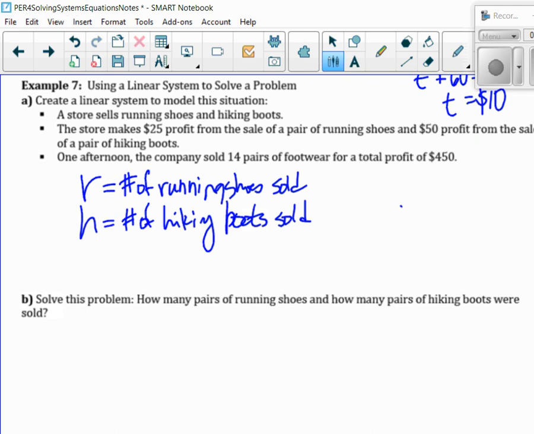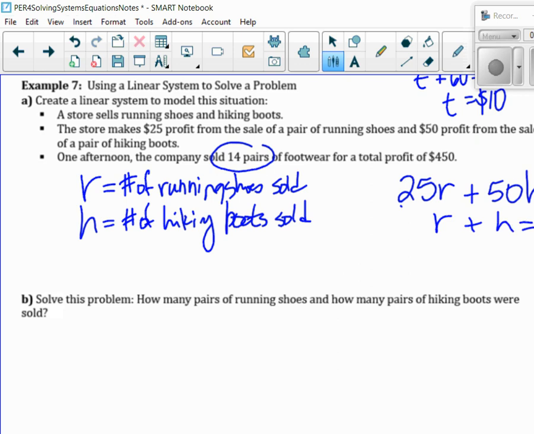So what do I do with the 25 there and the 50? 25R plus 50H. Yeah, and does that make sense to you that if I know I make $25 per running shoe, and if I have the number of running shoes, I multiply that, that should add up to money, right? And then we have to do something with the 14 pairs. So, yeah, R plus H equals 14.